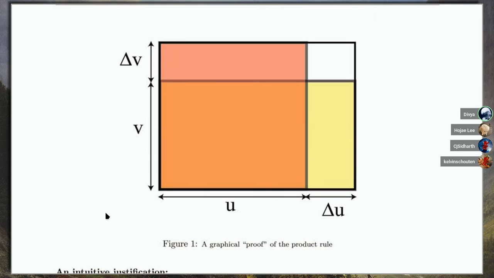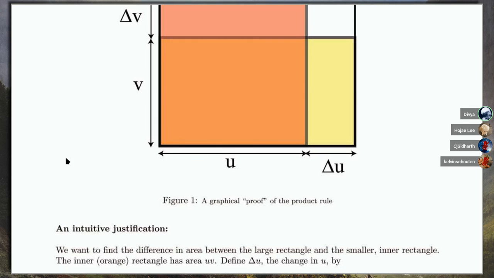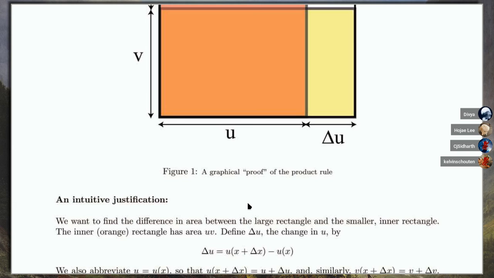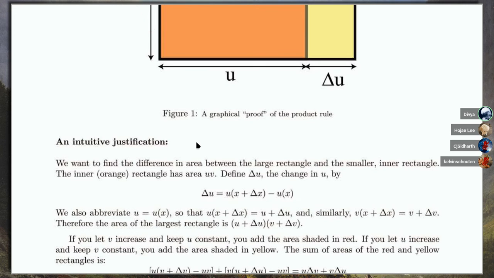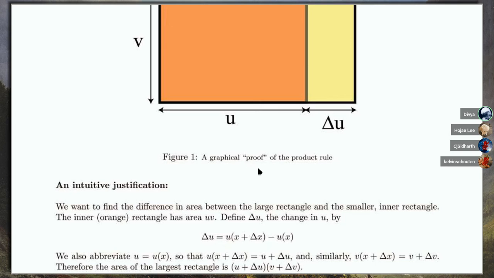So the goal is to find the area of the bigger rectangle in terms of v and u. So let's see. The inner rectangle has area uv, obviously. Delta u is u of x plus delta x minus u of x. That's how you define the change in a function, right?